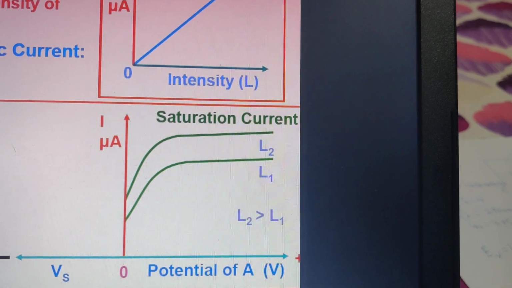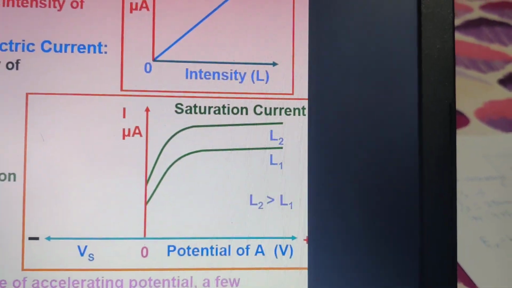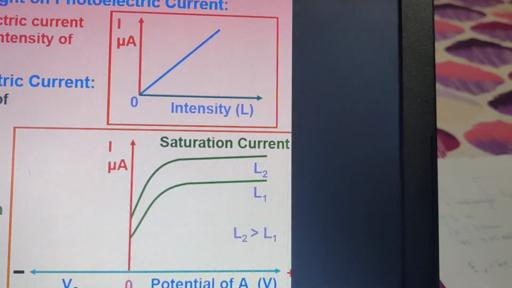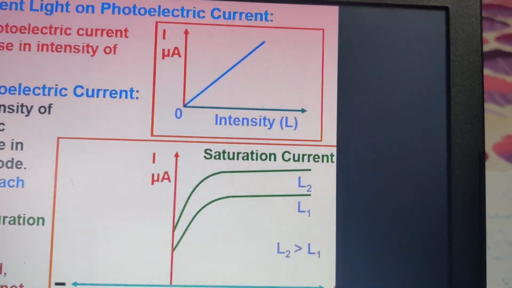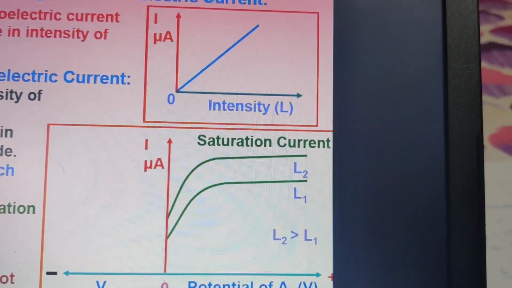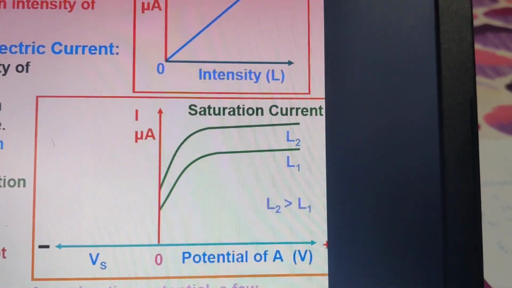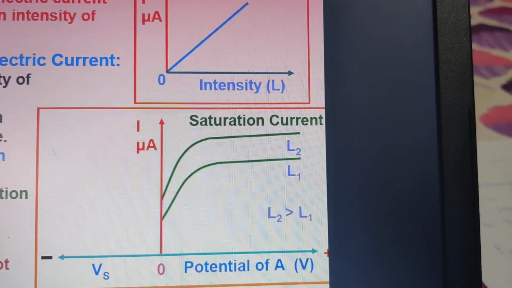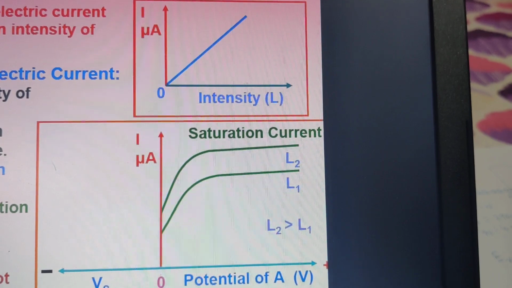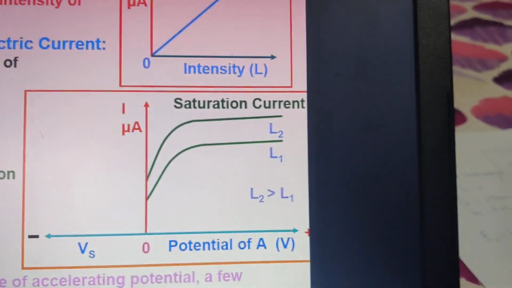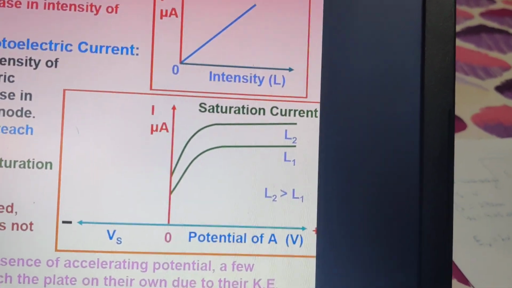So the take-home message from these two plots is that when a negative potential is applied to the plate A with respect to C, the photoelectric current becomes zero at a particular value of negative potential called the stopping potential.